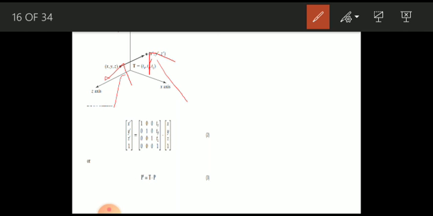Now, if I have to represent this in terms of a matrix, that would be x dash, y dash, z dash, 1 is equal to the matrix 1 0 0 tx, 0 1 0 ty, 0 0 1 tz, 0 0 0 1, multiplied with the matrix x, y, z, and 1. So basically, if we are talking about a three-dimensional transformation, then we are supposed to define a transformation matrix of order 4 by 4.